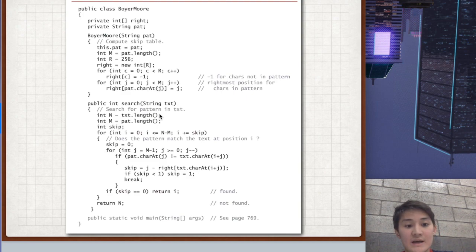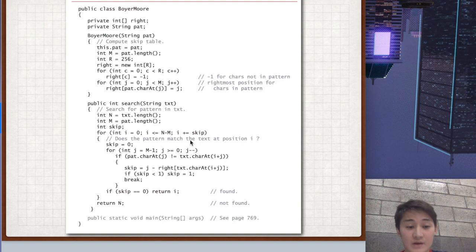We have an index i moving from left to right through the text and an index j moving from right to left through the pattern. The inner loop tests whether the pattern aligns with the text at position i. If the character in our text with index i plus j is equal to the character in our pattern with index j for all j from m-1 down to 0, then there is a match.